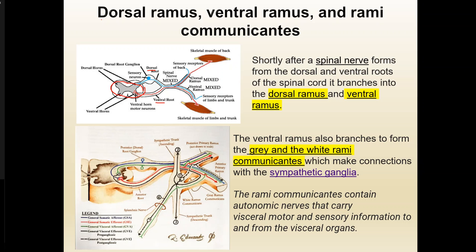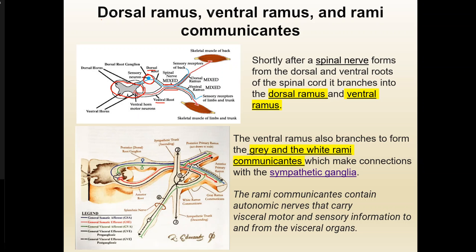The dorsal one has the spinal ganglion, or ganglia if you say plural. Now, these two roots converge into a mixed spinal nerve, mixed because it will contain your afferent and efferent pathways or divisions, if you will.